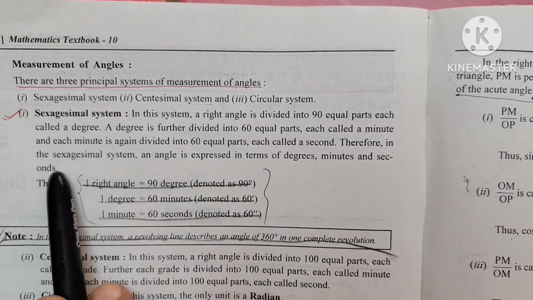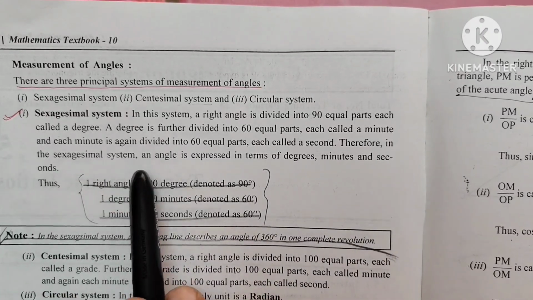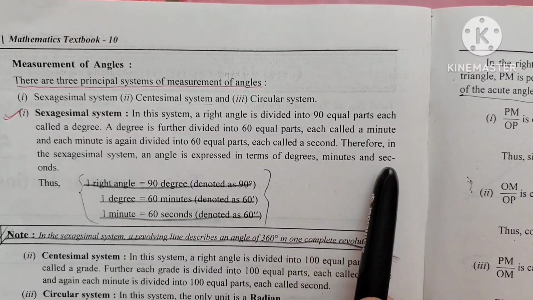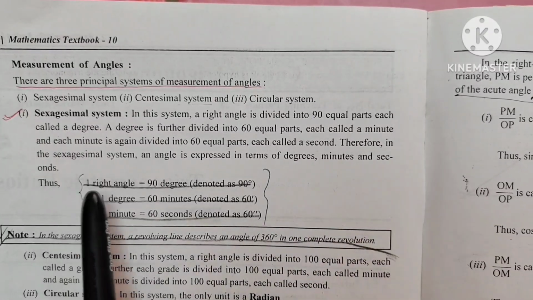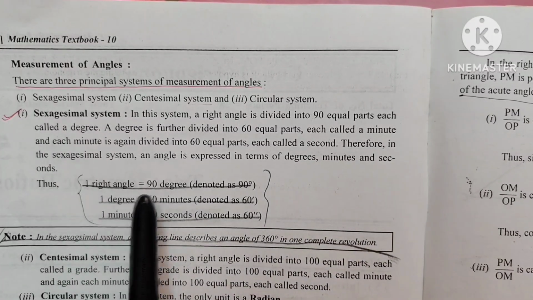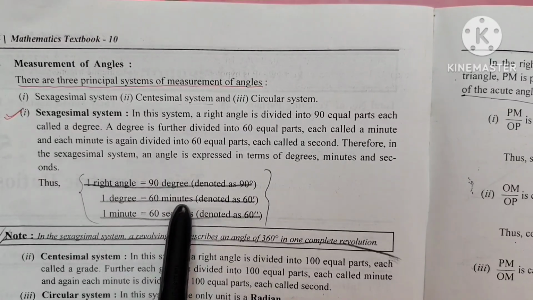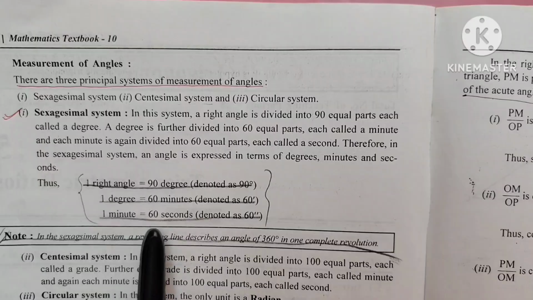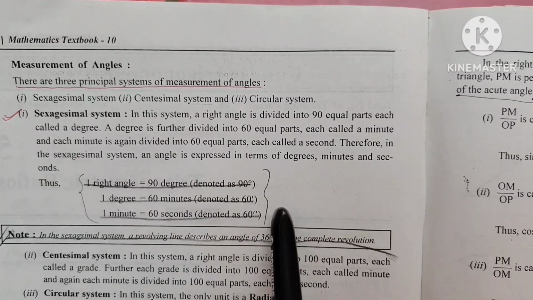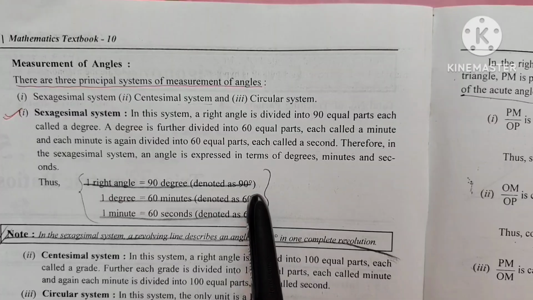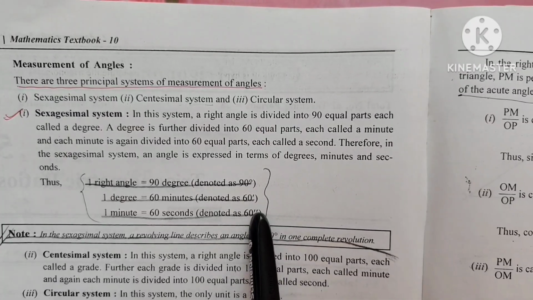Therefore, in the sexagesimal system, an angle is expressed in terms of degrees, minutes and seconds. Thus you can say one right angle is equal to 90 degrees, 1 degree is equal to 60 minutes, and 1 minute is equal to 60 seconds. You can denote it in this way also. These are the sign for minute and this is the sign for second.